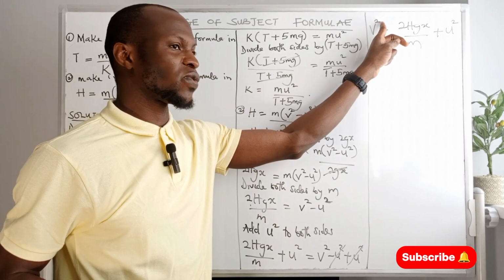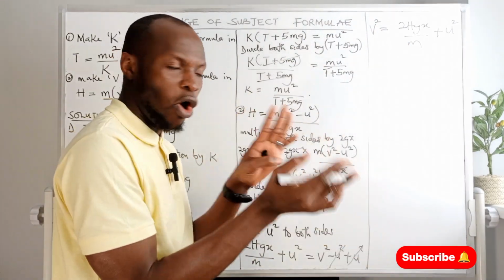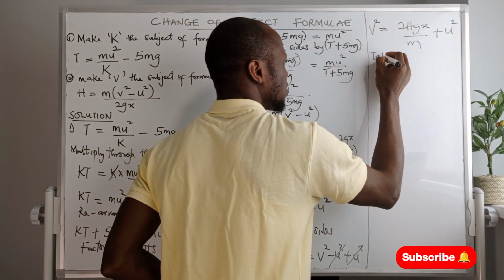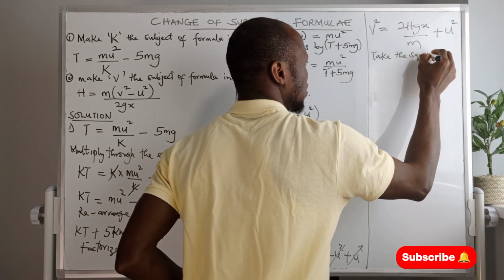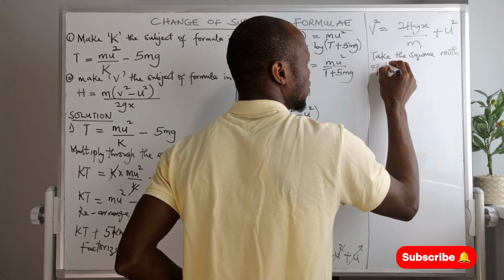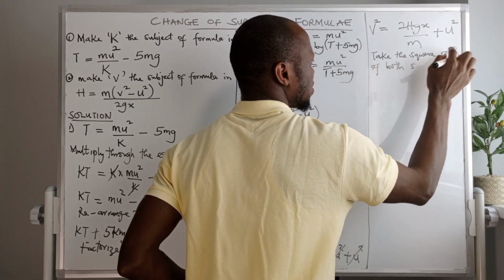Okay, what is joined to phi again is the square. How do I remove my square? By square root, the opposite. I'll say take the square root of both sides.